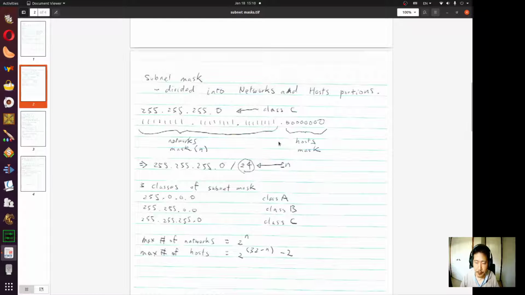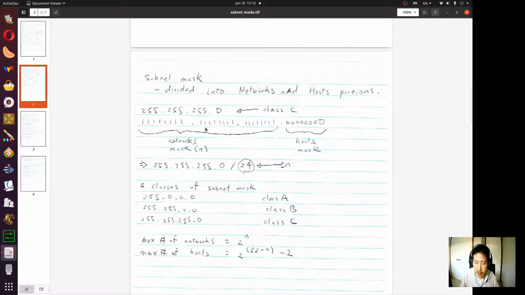So the network portion starts from the last digit all the way until the next digit becomes 0. Okay, and the host portion, you go from the first digit to the left. You stop when the next digit is 1.